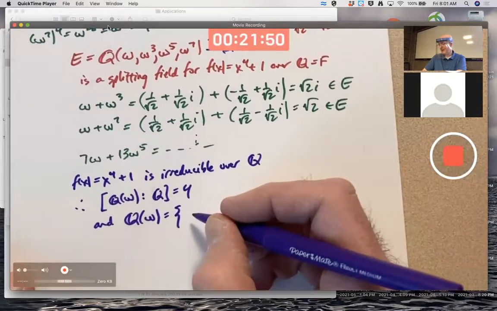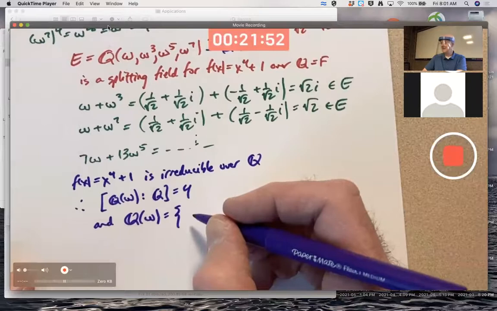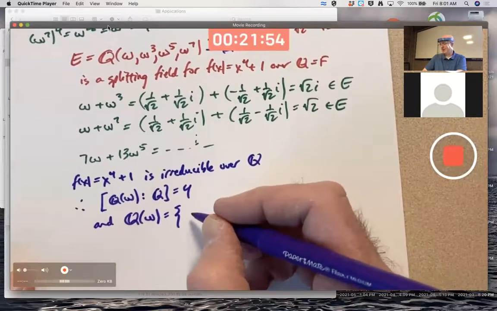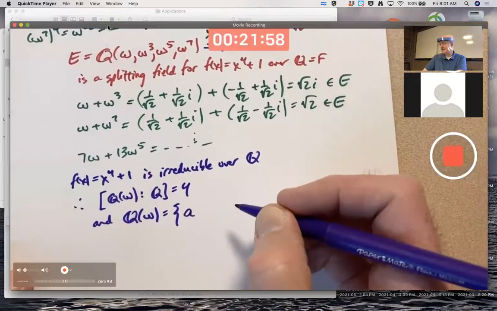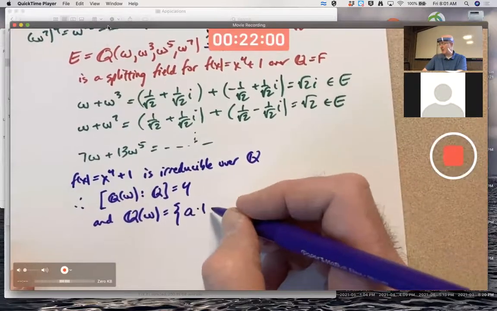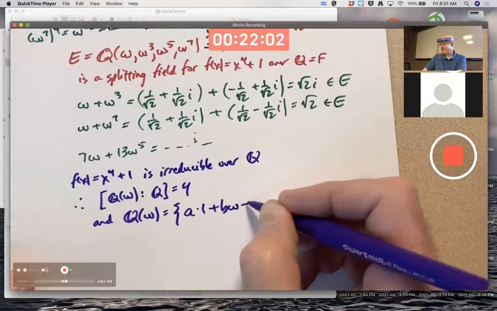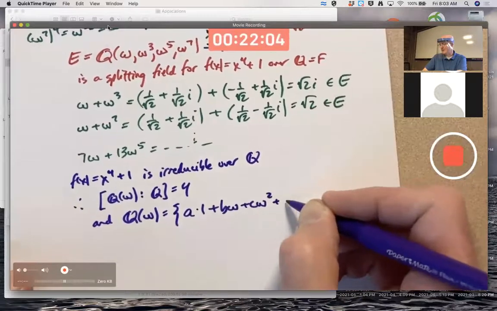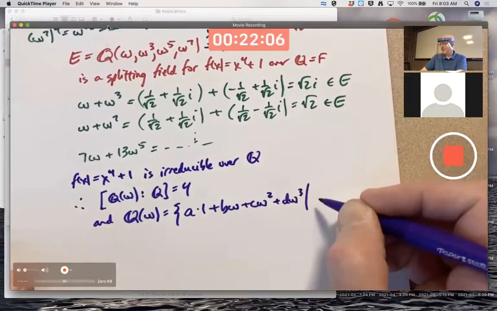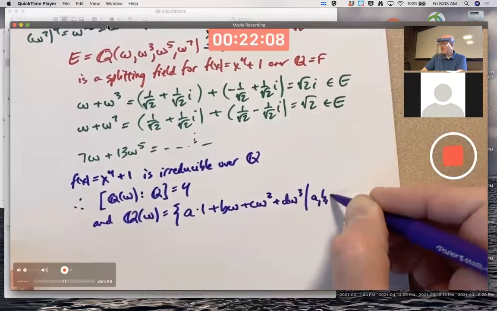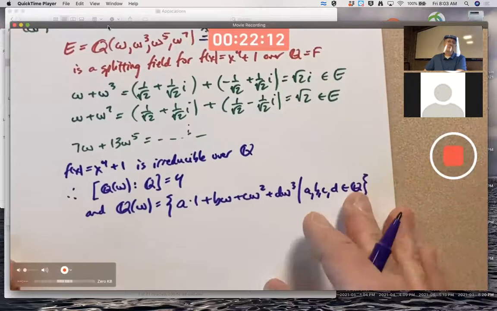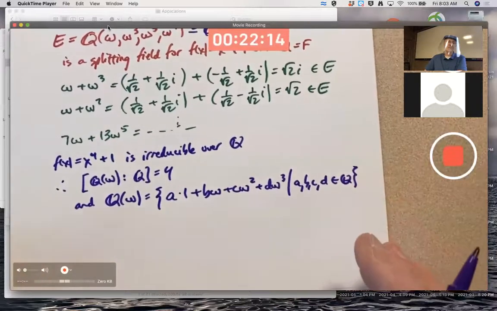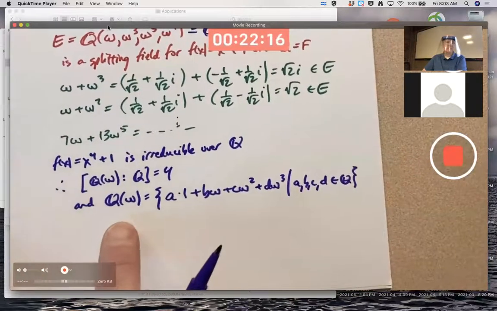Before this point today, I've been using c's with subscripts. Let me go ahead and just do what I do in the lectures now. I'll write a, b, c, and d for the coefficients. a times 1 plus b times omega plus c times omega squared plus d times omega cubed, where a, b, c, and d are all rational numbers. There's your general form for an element in this field extension of Q.